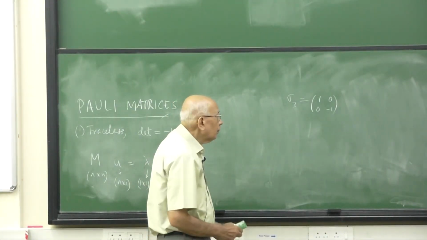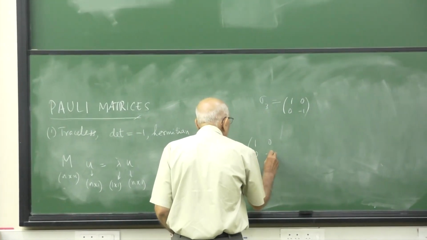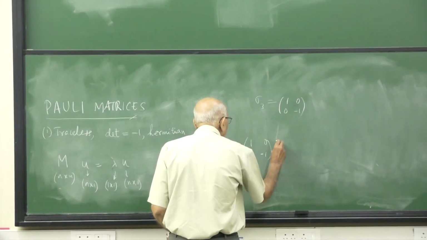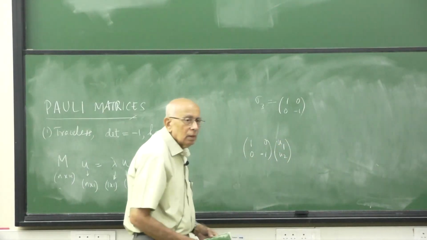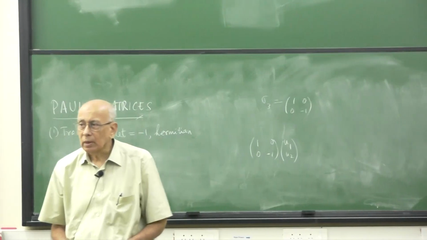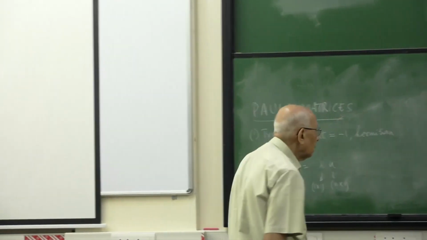Okay. So we would like to find sigma 3 times a column vector. Let me call it u1, u2. It's a 2 by 1 column vector. I don't know u1 and u2.